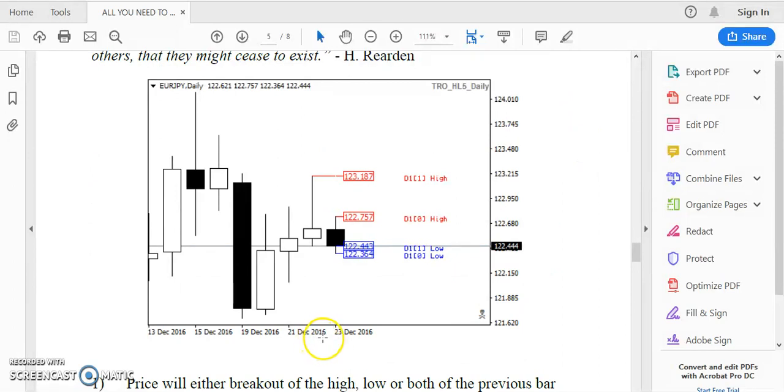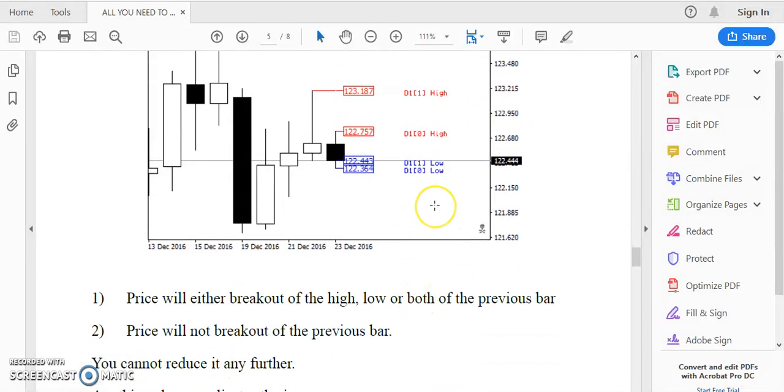And you can see here, this is back in 2016 when I printed out this chart using the template daily. And so what do we have? Price will either break out of the high, low, or both of the previous bar.